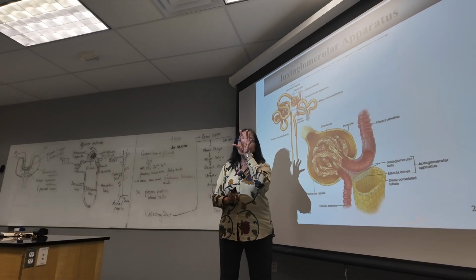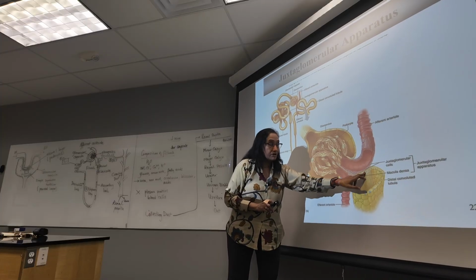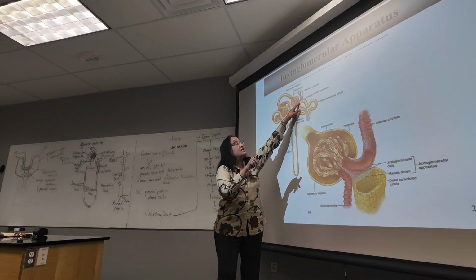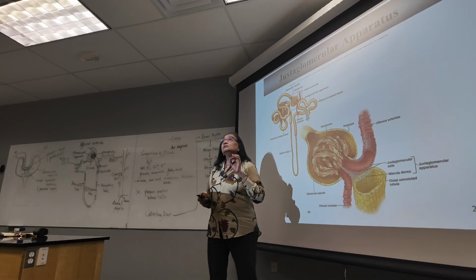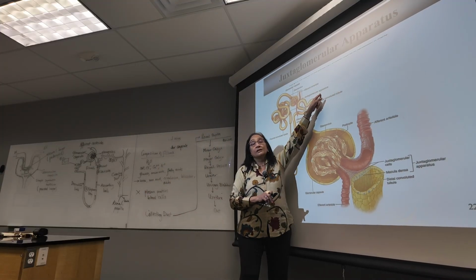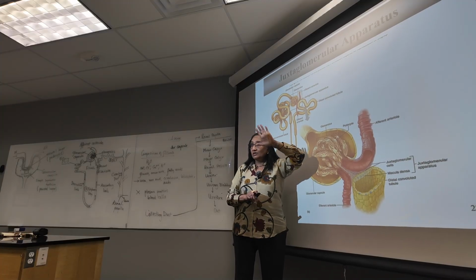Okay? This part where the distal convoluted tubule meets or touches the afferent arteriole, this region is called the juxtaglomerular apparatus. What is it?